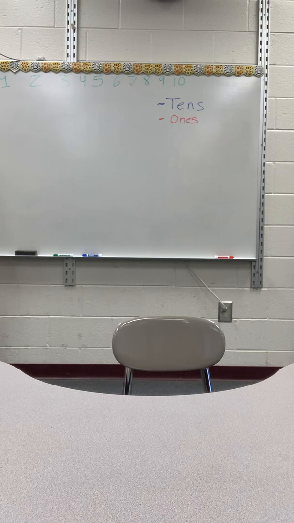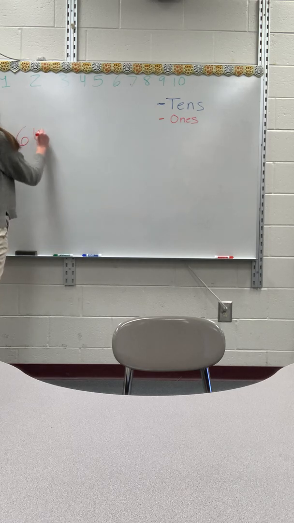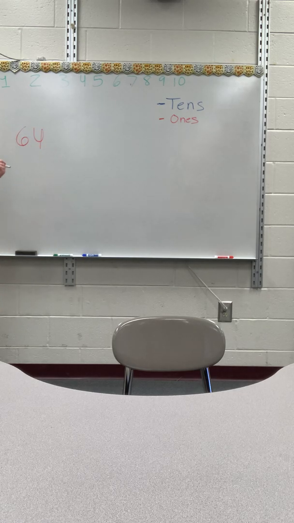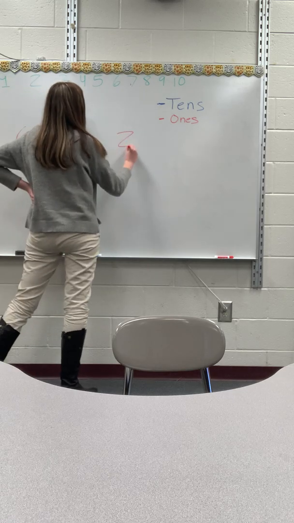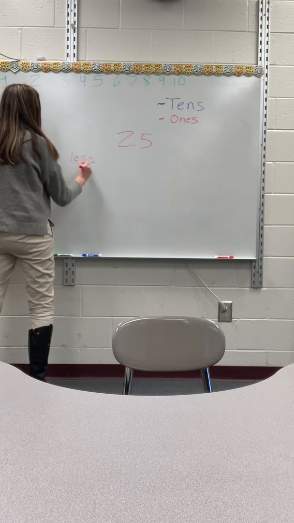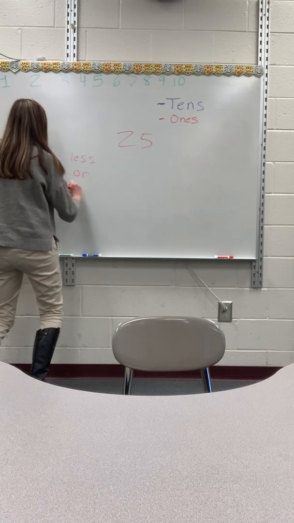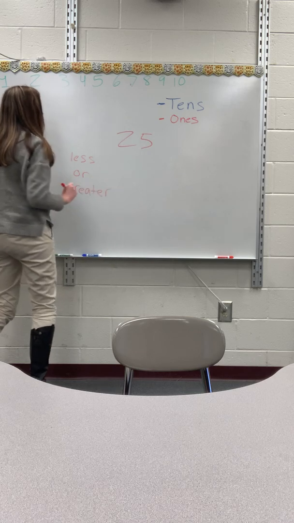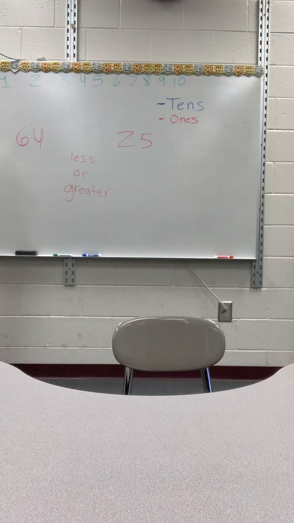If we were comparing two numbers, so for example, 64 and 25, and I'm going to put less or greater right here. So this is kind of like what we did in 7.1, and it kind of goes into 7.3. But I'm going to ask you, how would I make the model 64 on my whiteboard?